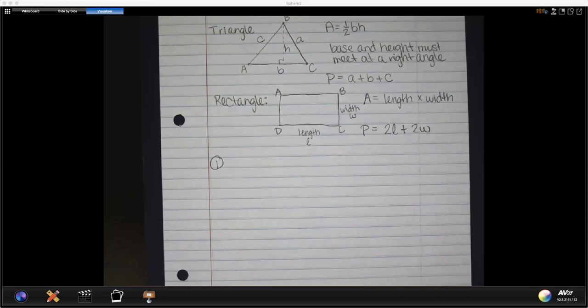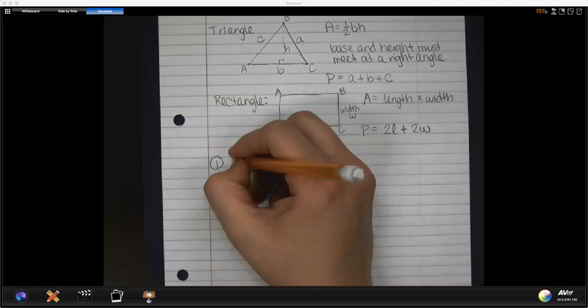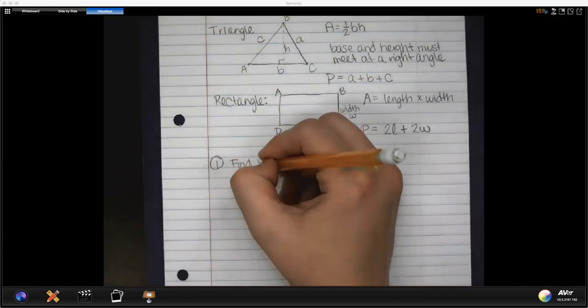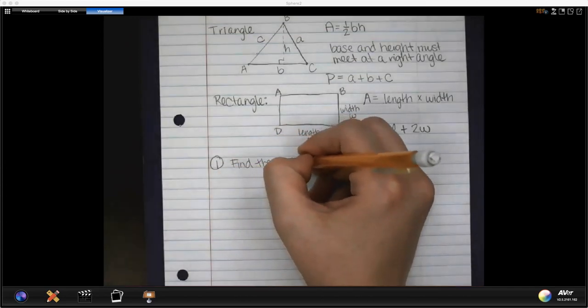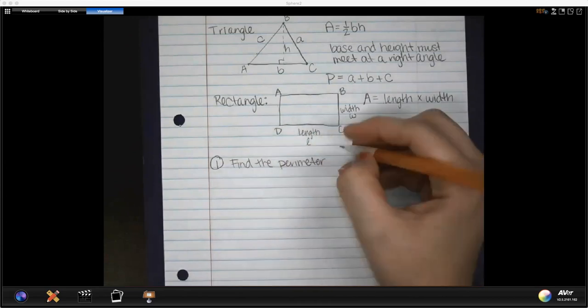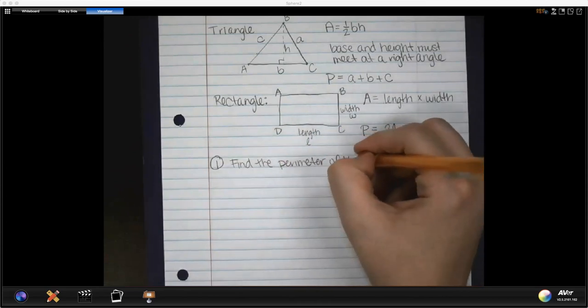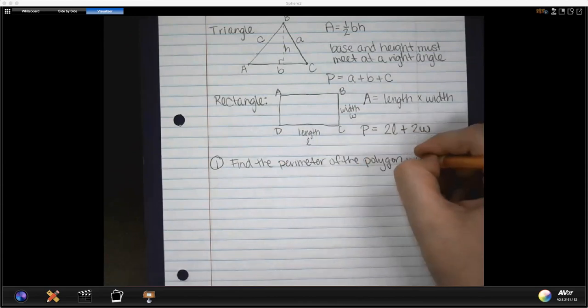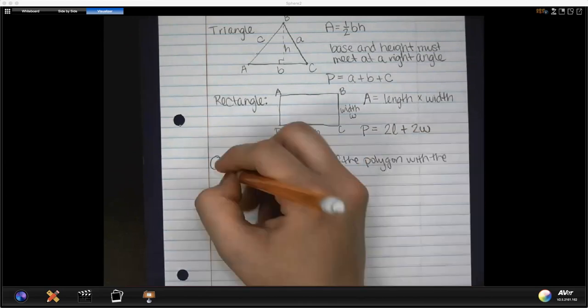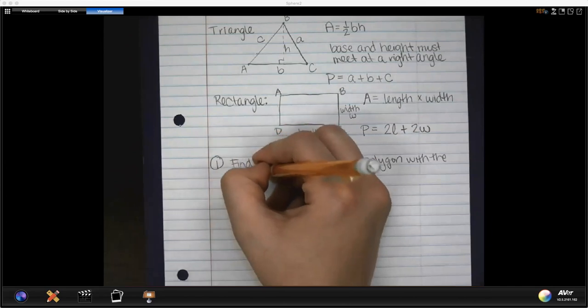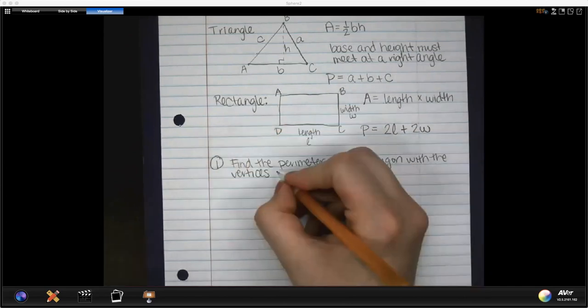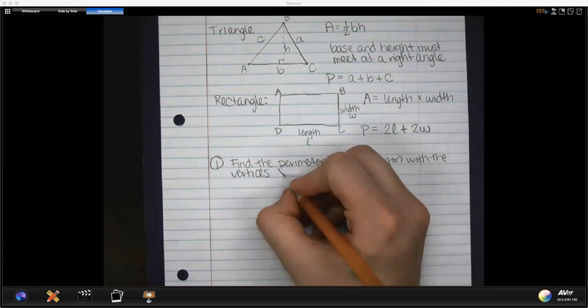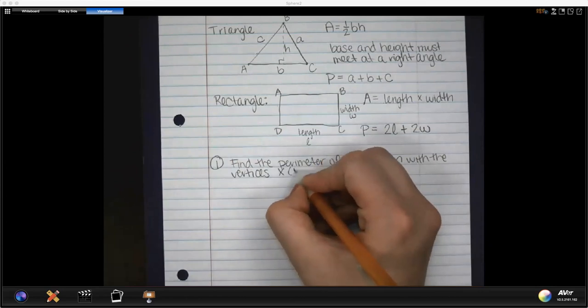Okay, so for question number 1, you're gonna find the perimeter of the polygon with the vertices X as 1, 3.